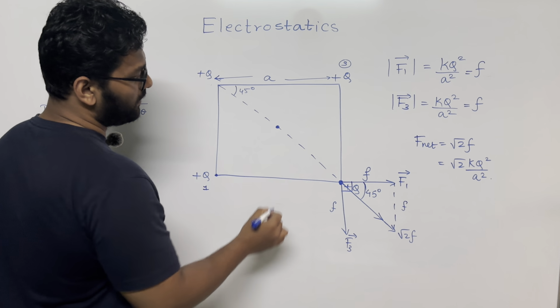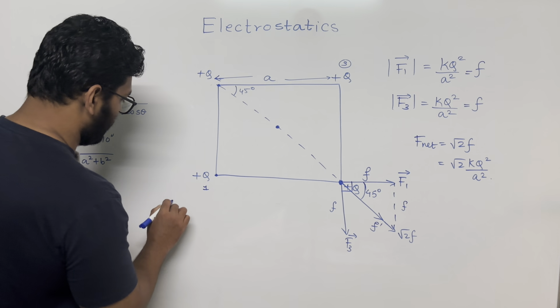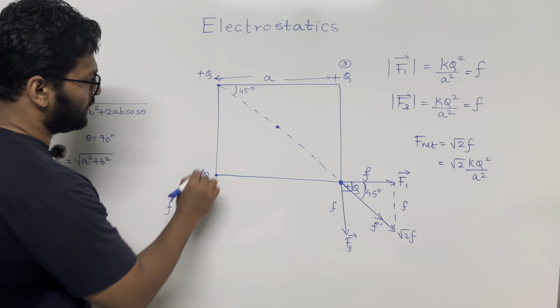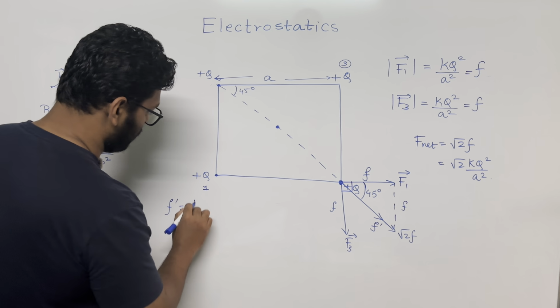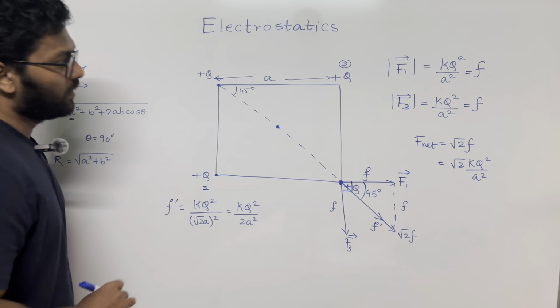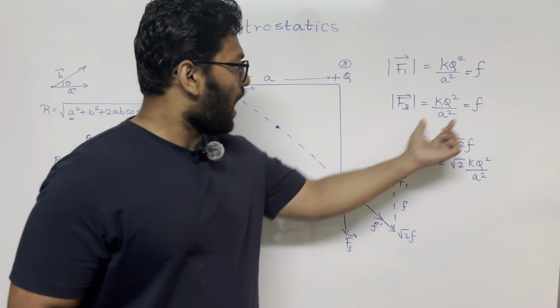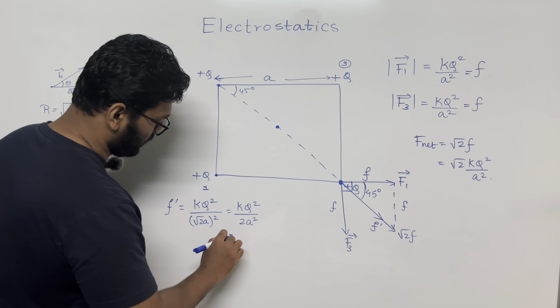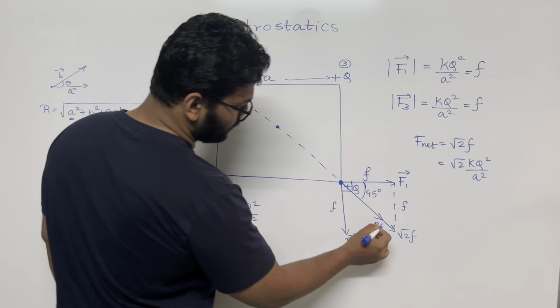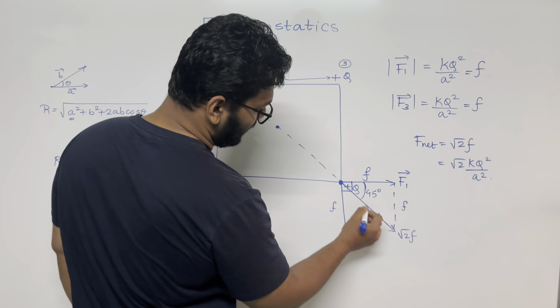Let's find out what f dash is. F dash is kq into q, that is kq square, divided by root 2a whole square, because this is the length of the diagonal. So this is kq square by 2a square, which is half of f. So this will be f by 2, somewhere here.